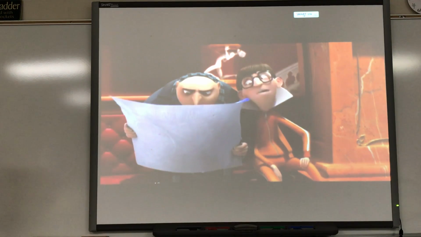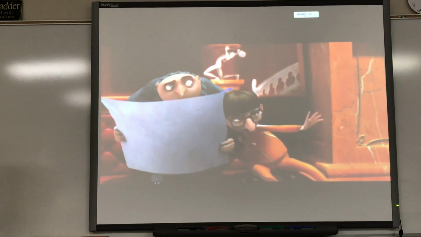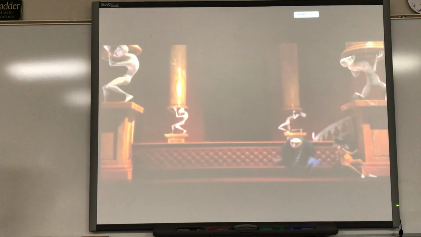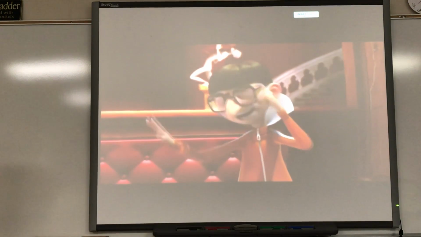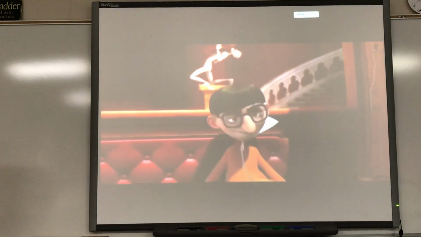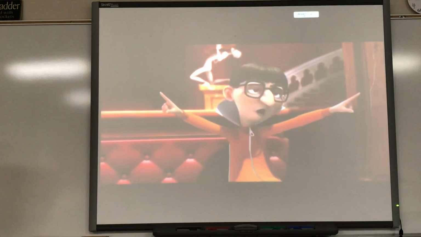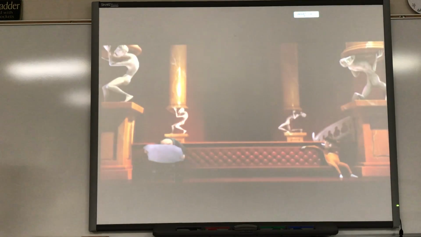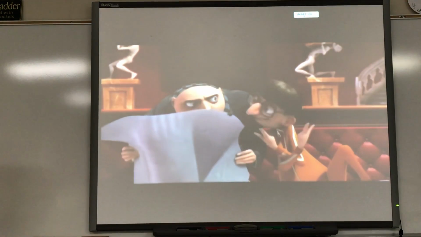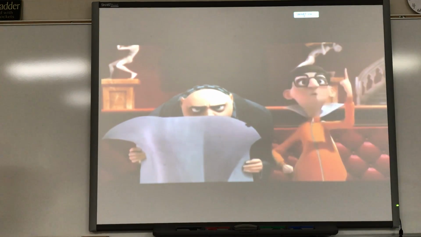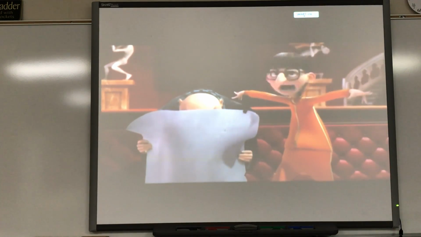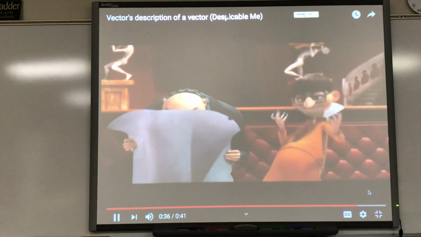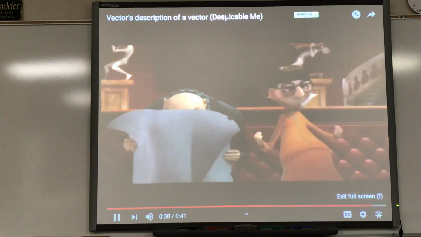Go by the name of Vector. It's a mathematical term, a quantity represented by an arrow with both direction and magnitude. Vector! That's me, as I'm committing crimes with both direction and magnitude. Oh yeah!